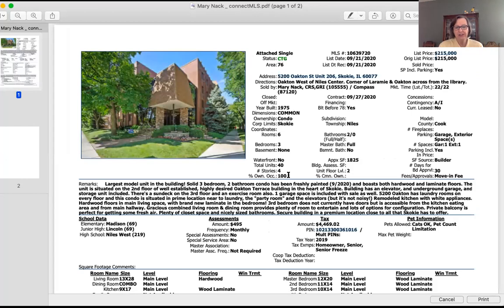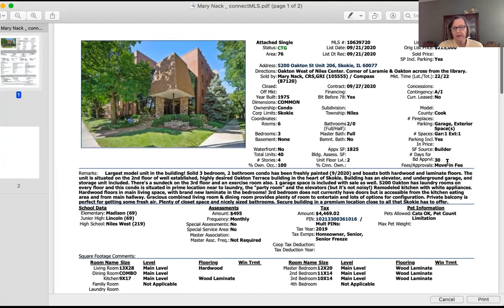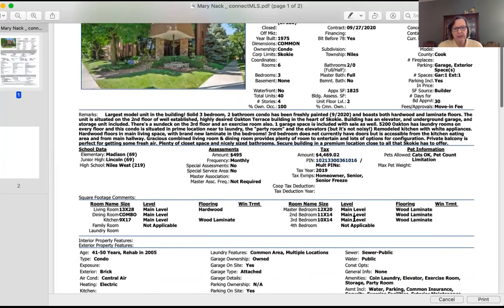Many condo associations have limits on how many units they will allow to be rented. Is there a move-in fee? These are the kinds of things that obviously wouldn't be issues in a single family home. So there's just a ton of information on here.